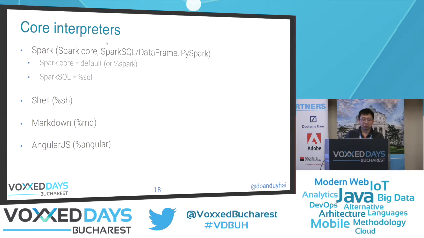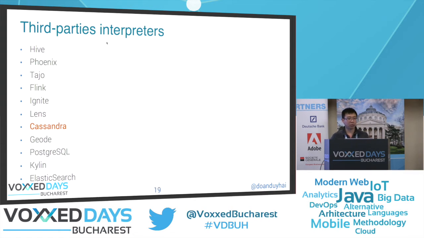By default, you have 4 core interpreters: the Spark one, and Spark SQL, defined by Spark. Okay. You have the shell interpreter, we have already seen the Markdown interpreter, and the Angular interpreter. And because it is an open source project, many people have developed extra interpreters for extra frameworks.